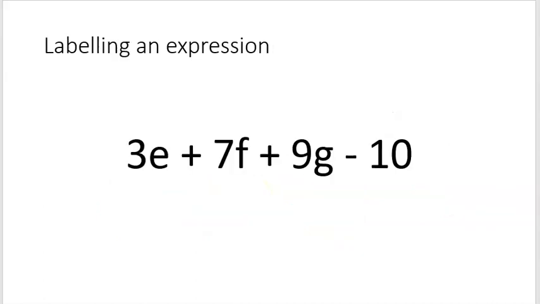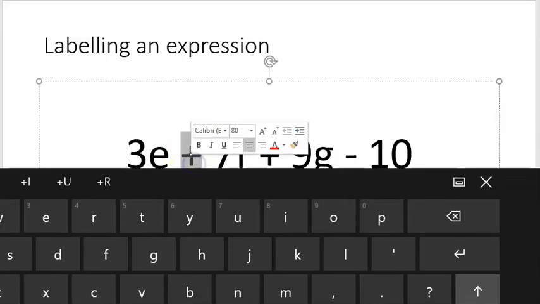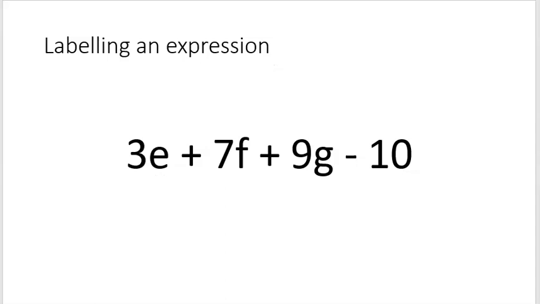So now we're going to look at labelling an expression, which is something you may be asked to do in your class. So this expression is 3e add 7f add 9g subtract 10. So first of all, I can see that there are 2 addition signs and a subtraction sign, and I already know that the terms will be separated by those signs.